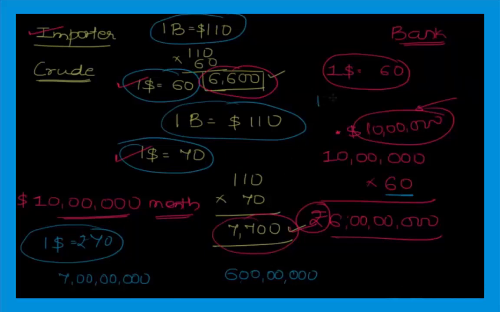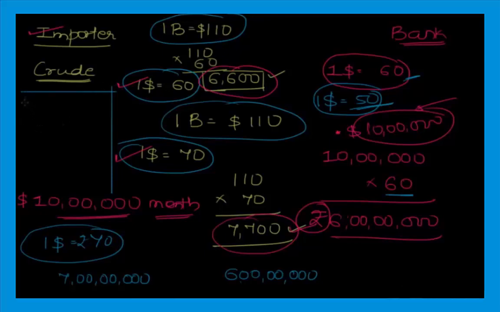The case also works the same way. If $1 was 50 rupees at the end of the month, now the transaction will not happen at 50 rupees because our deal is at 60 rupees. So if the forward contract was not in place, I would have had to pay less. How much would I have had to pay?